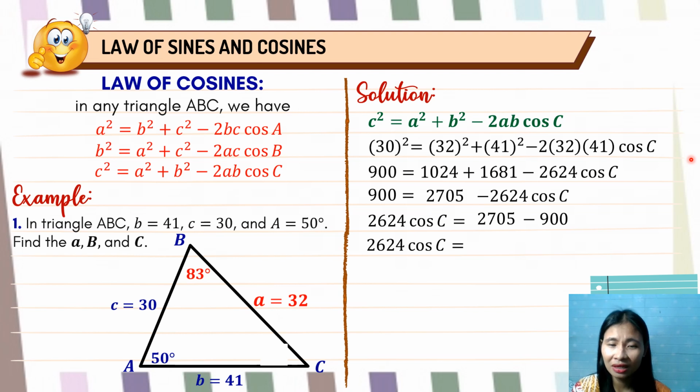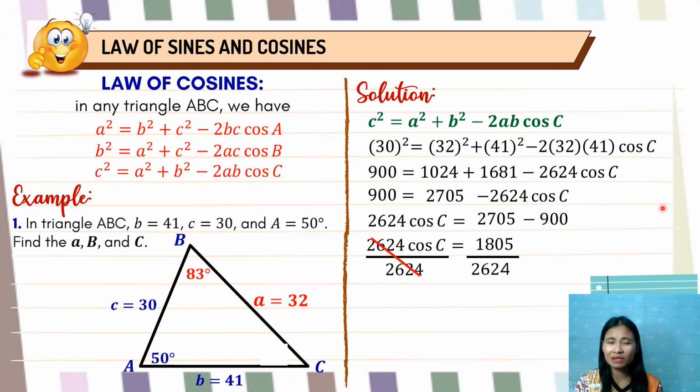So simplifying it further, 2624 cosine C is equal to 2705 minus 900, and that is equal to 1805. Divide it by 2624, the 2624 will be cancelled, and we get the value of cosine C, which is 0.6879.